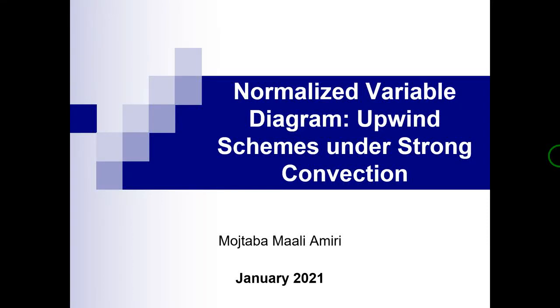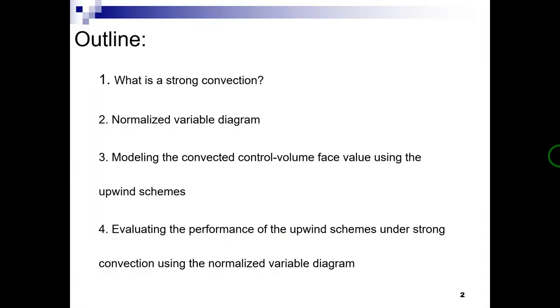Hi everyone, today I'm going to evaluate the performance of three upwind schemes with different orders of accuracy under strong convection using the normalized variable diagram. In this presentation, first I'm going to answer the question: what is a strong convection? After that, the normalized variable diagram is presented.